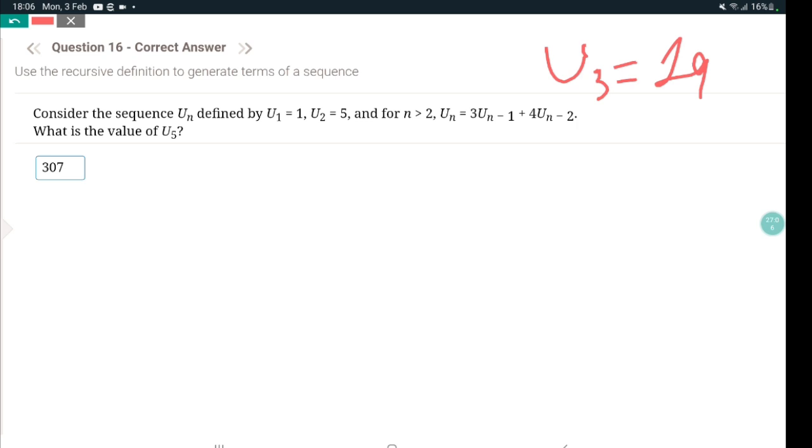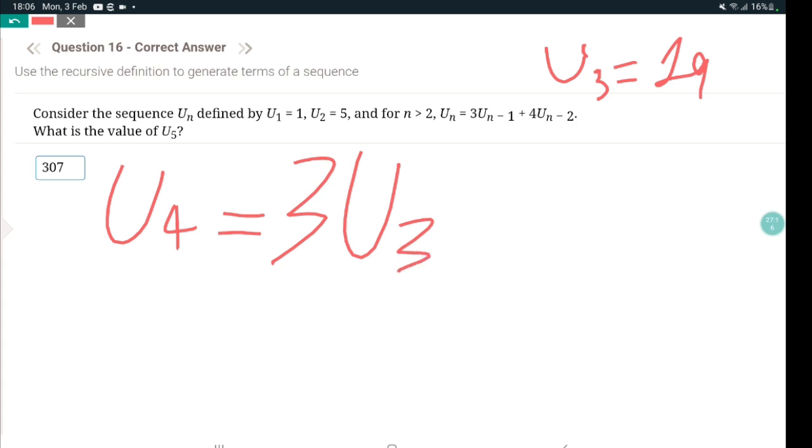And now, remember the rule for u4, it has u3 and u2.